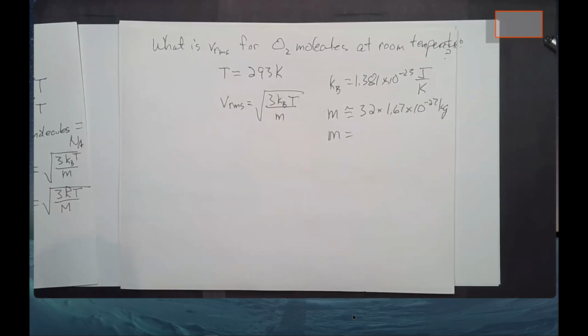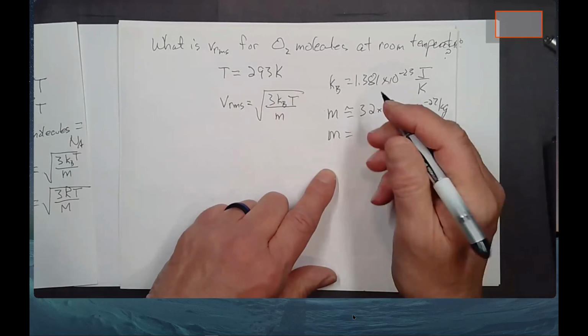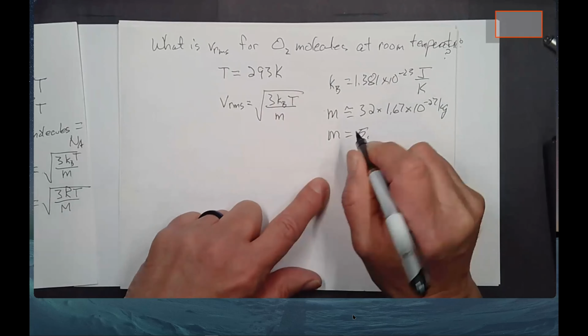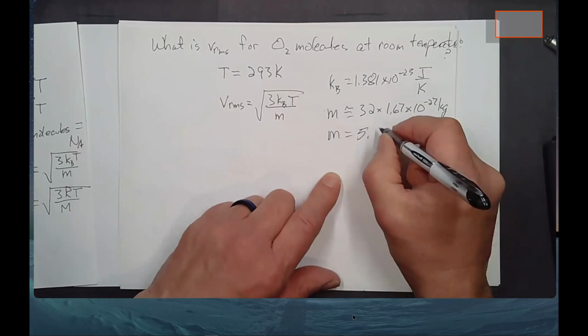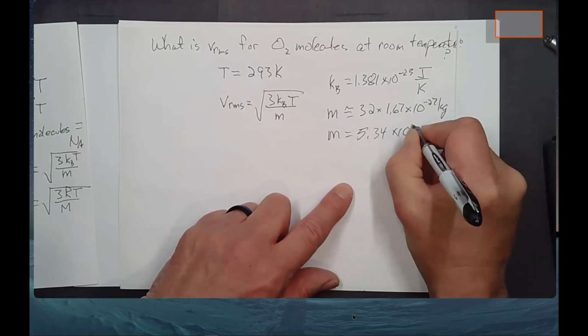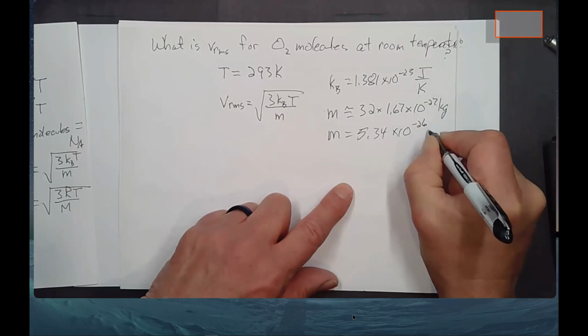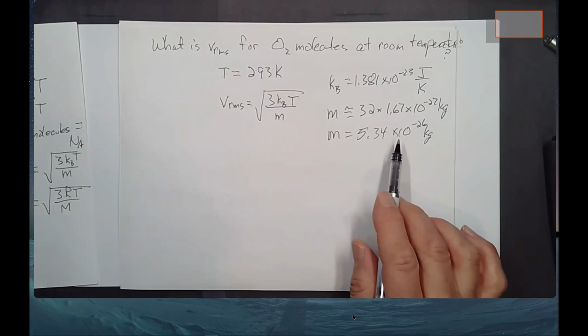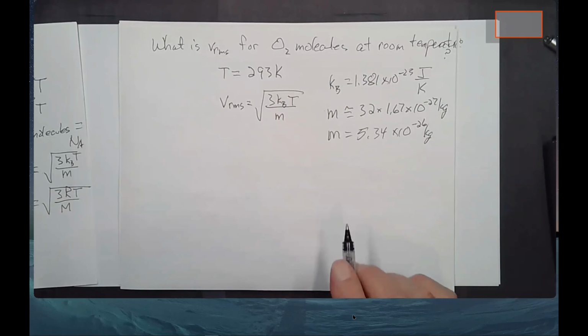Okay, so about 5.3 times 10 to the minus 26. Maybe we could keep 3 sig figs, so it could be 5.34 times 10 to the minus 26 kilograms. And yep, that's right.